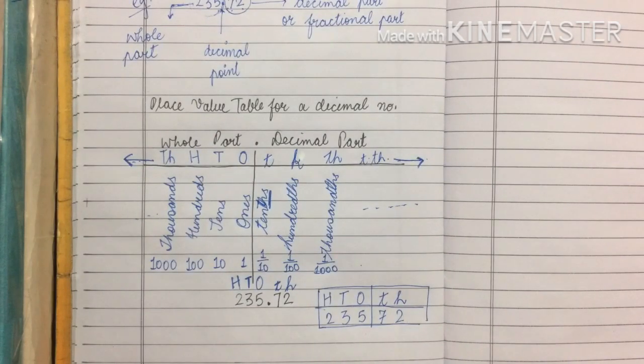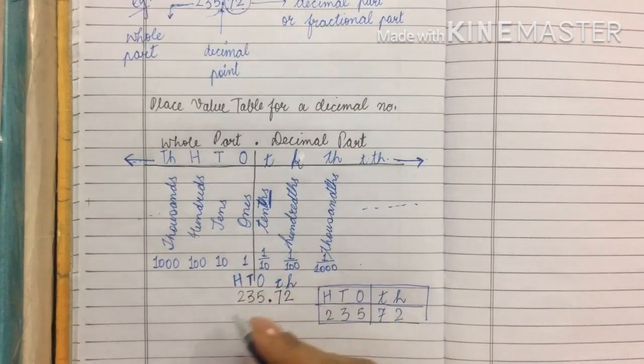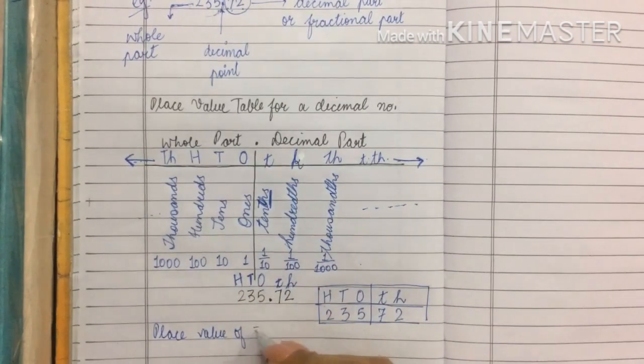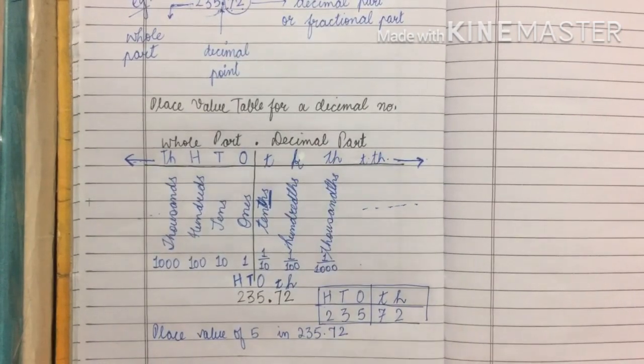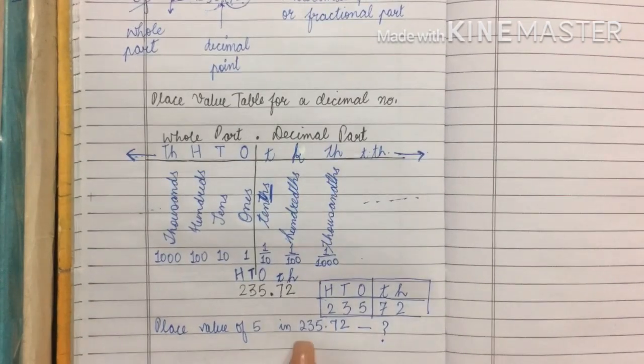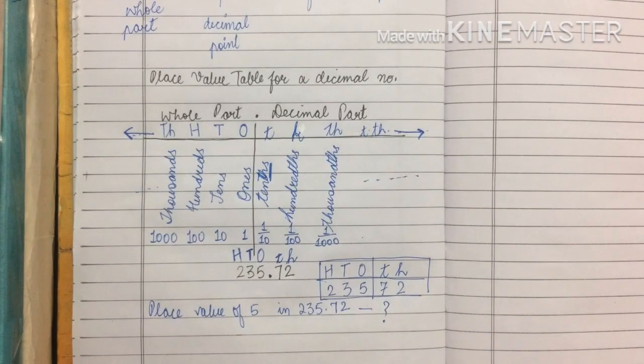Now how do these places give you the place values of the digits? Let us say we had to write down the place value of 5 in this number. So if the question was find the place value of 5 in this decimal number, what we will do is first identify which place 5 is appearing at.